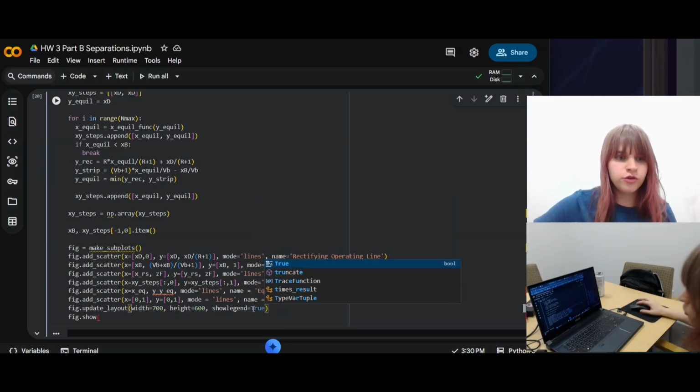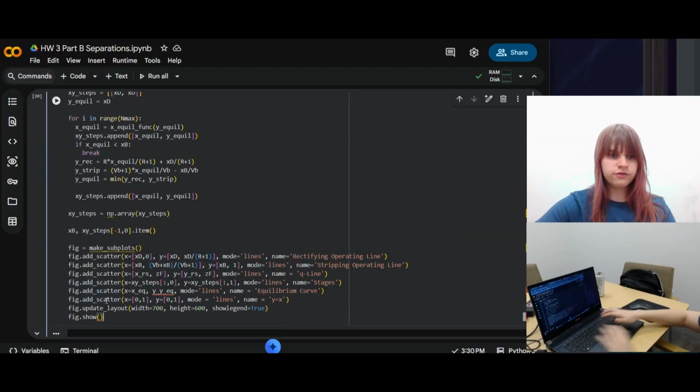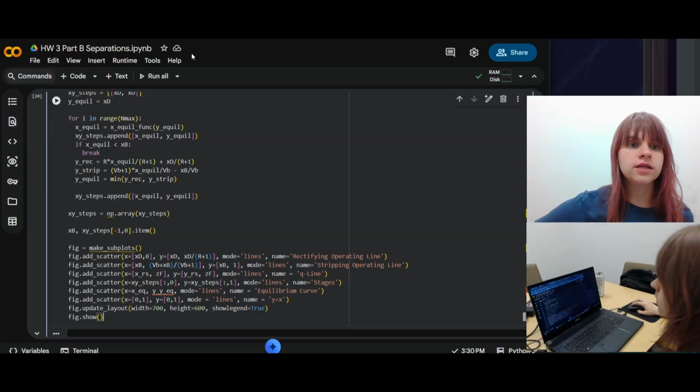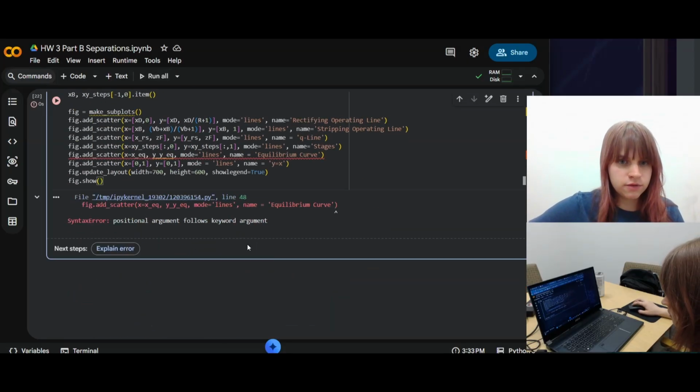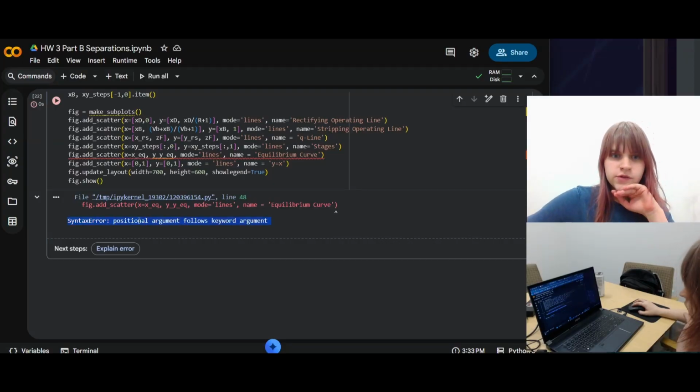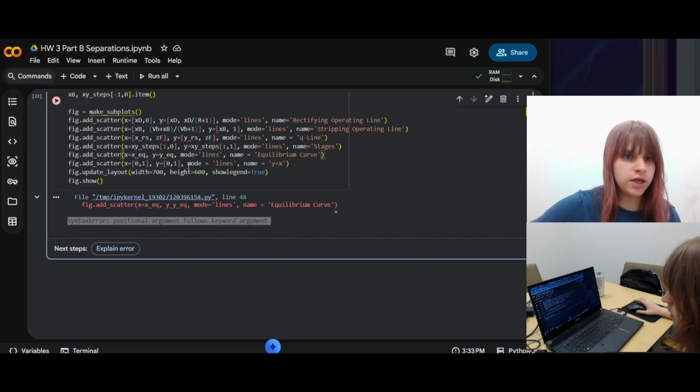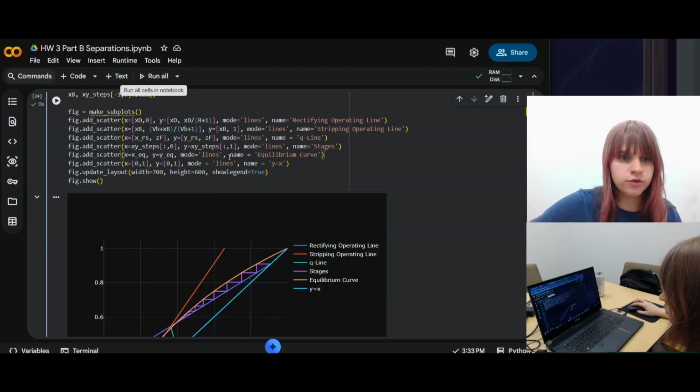So that should be true. And fig.show, and let's run this and see what happens. Positional argument follows keyword argument. Oh, this is supposed to be Y equals YEQ, not underscore.